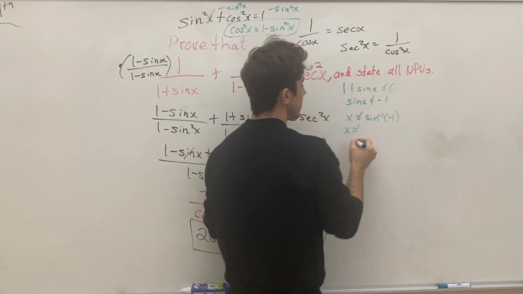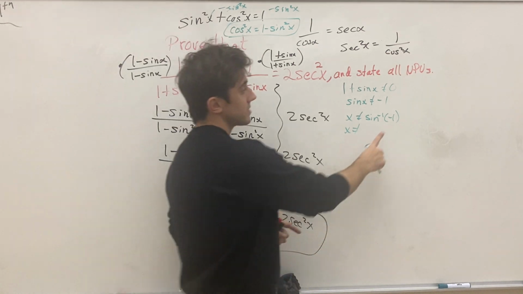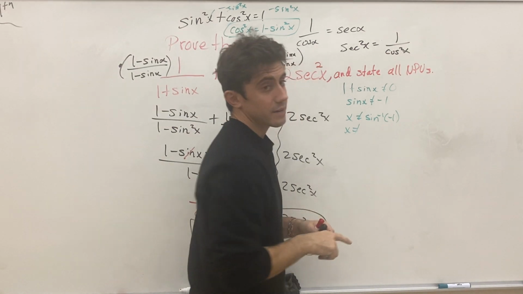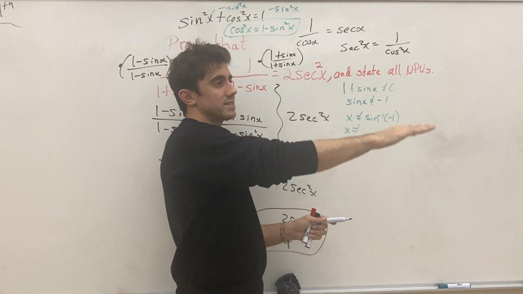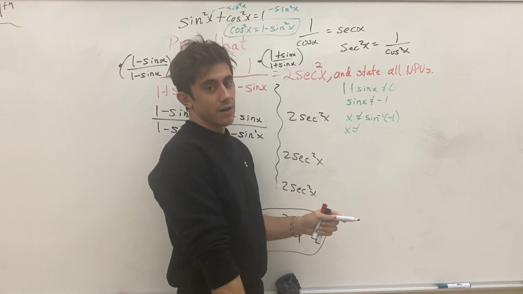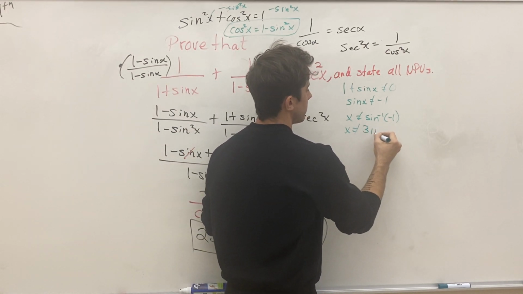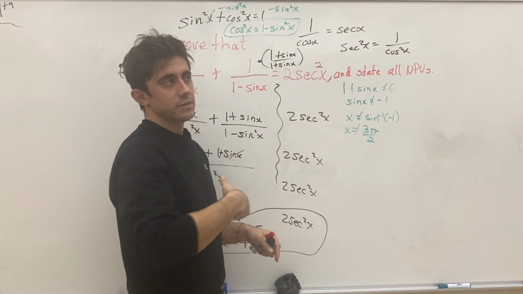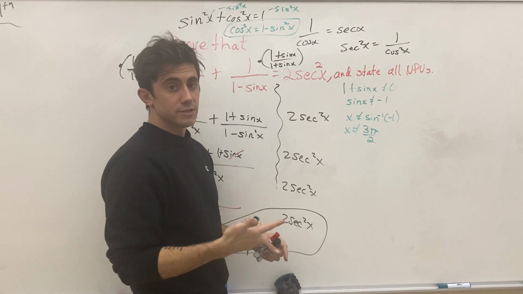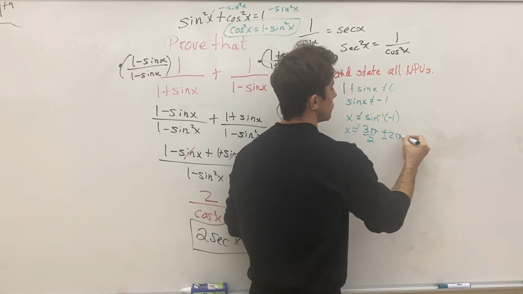I'll remind you that sine of x is our y coordinate, and so when is sine of x negative 1? That's down at 3 pi over 2, and so x cannot be 3 pi over 2, and any integer revolutions worth around our unit circle either, and so we can write that as plus or minus 2 pi k.